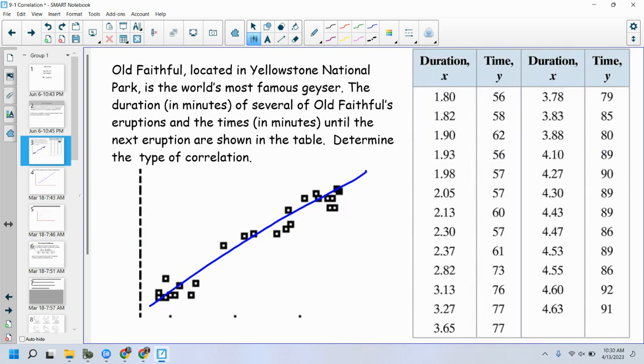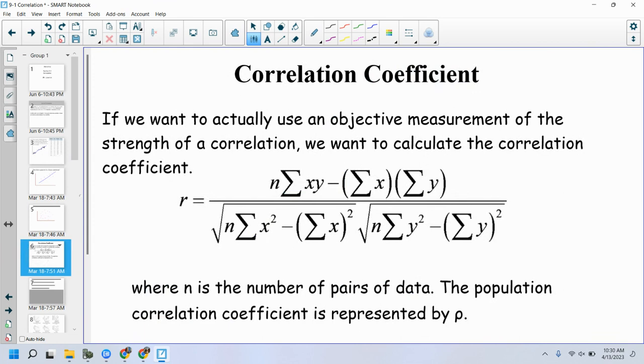So I would take 1.8 times 56, 1.82 times 58, 1.9 times 62. Add all those up. That's sum xy. Oops, sorry, I don't want to do that. I want to go here. Minus, okay, this is interesting, the sum of x's times the sum of y's. So it's actually, shouldn't this be pretty close to this?